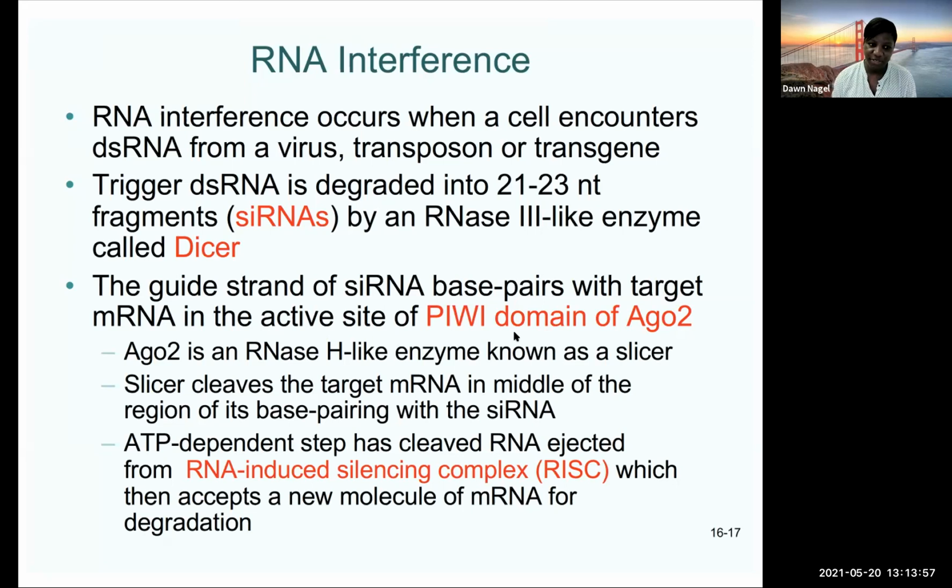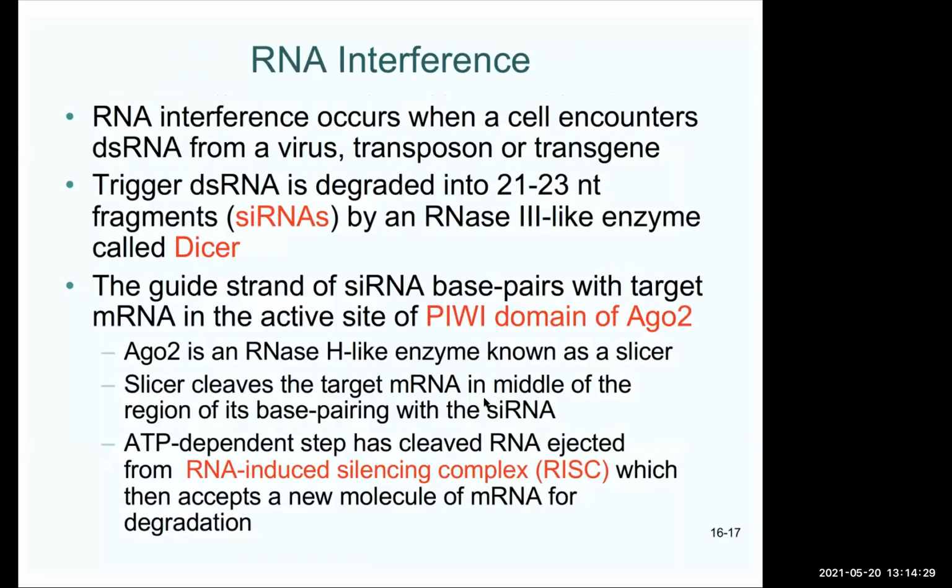These proteins with that single-stranded siRNA will then find the target RNA, base pair with that target mRNA, and cleave it and degrade it, okay? This cleavage occurs with another group of proteins called the RNA-induced silencing complex, or the RISC complex, okay?